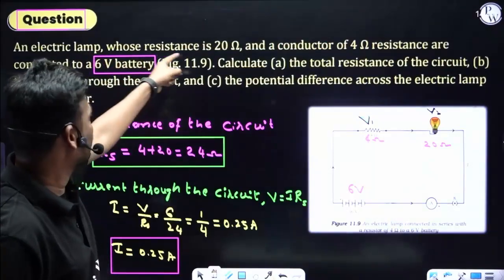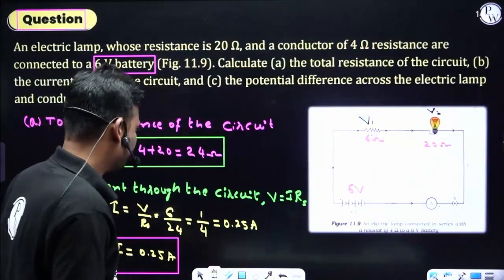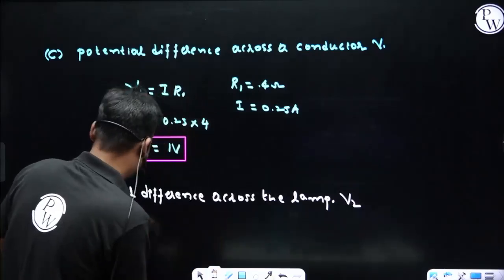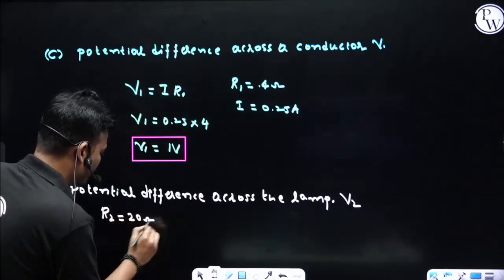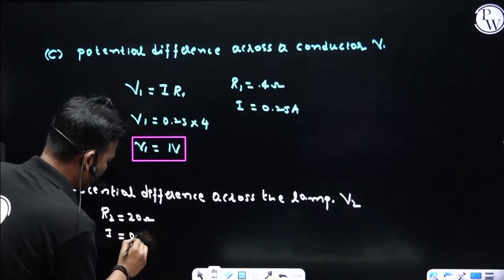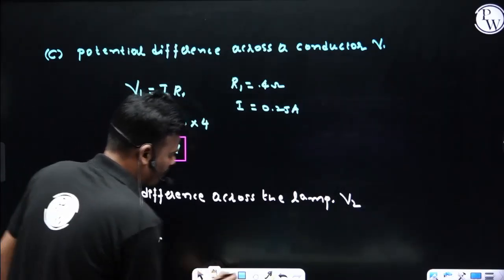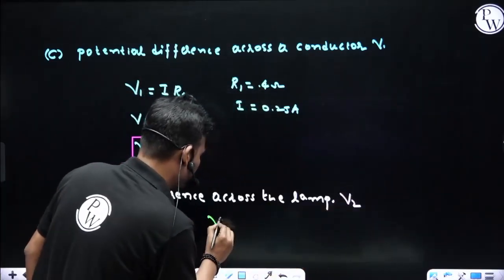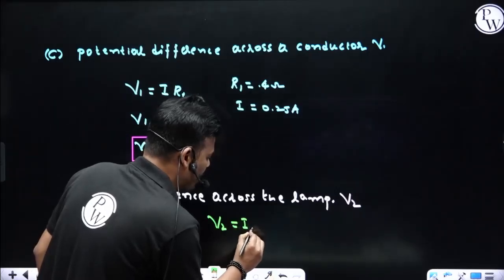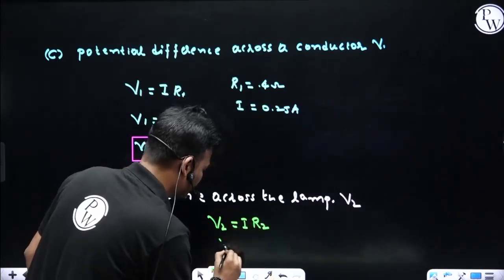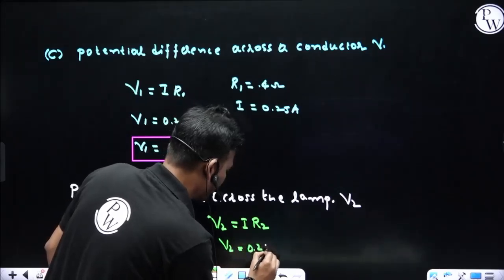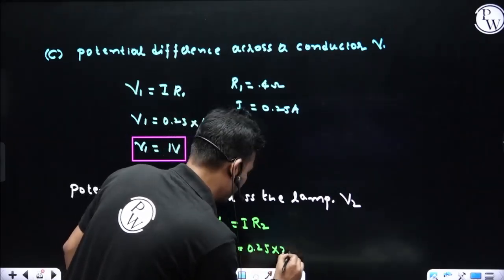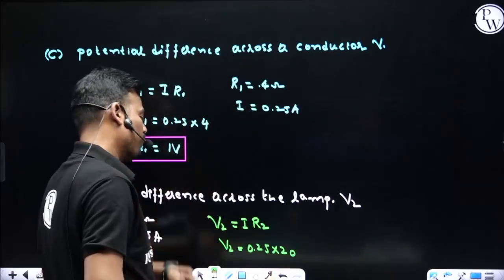The electric lamp's resistance is 20 ohm, so R2 is 20 ohm, and the current we found is 0.25 ampere. Now we need to calculate V2, which is given by I into R2. So V2 equals 0.25 into 20.